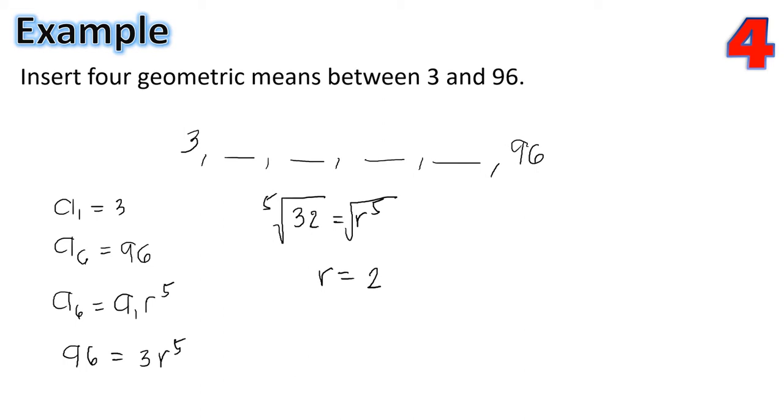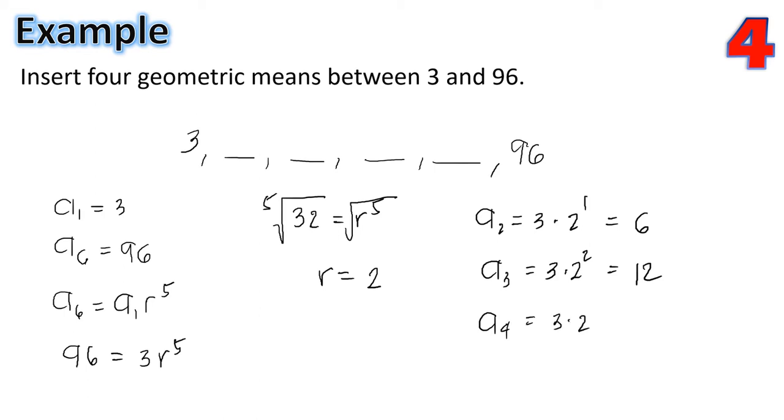So we can now insert the 4 geometric means between 3 and 96. A sub 1 is 3, then A sub 2 is equal to 3 times 2 raised to 1, and that is 6. A sub 3 is equal to 3 times 2 raised to 2, that will be 12. A sub 4 will be 3 times 2 raised to 3, and that is 24.